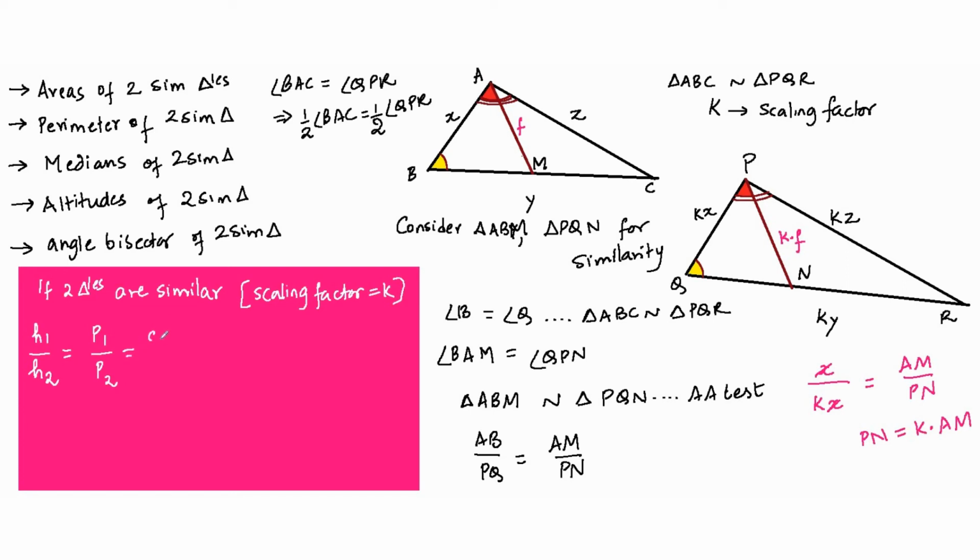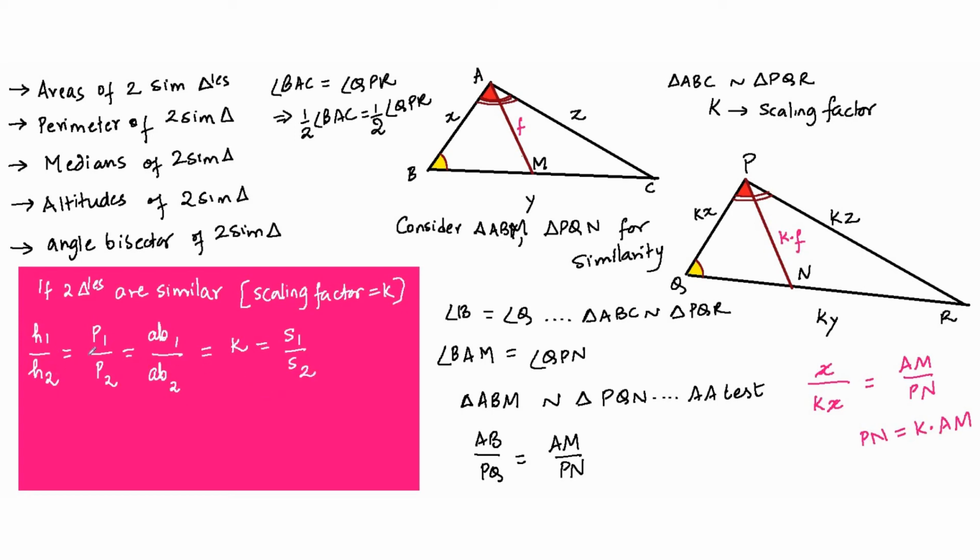It is also equal to the ratio of their angle bisectors, which is ab1 by ab2, which is equal to K basically. So K is nothing but the ratio of the sides, so that's s1 by s2.